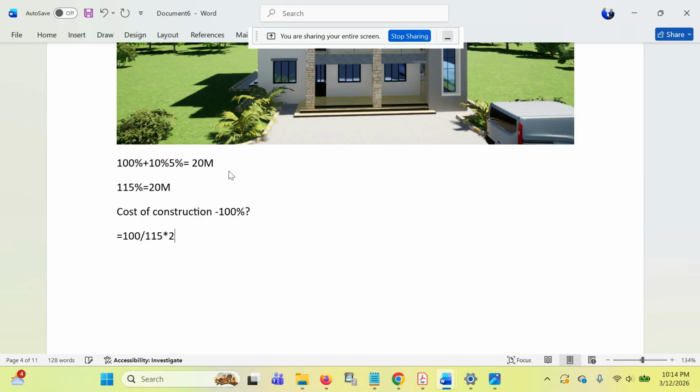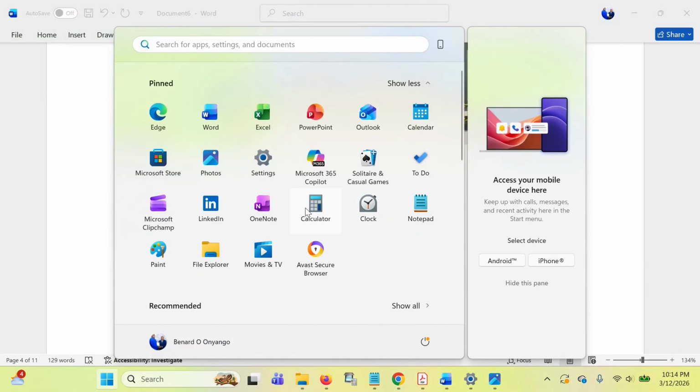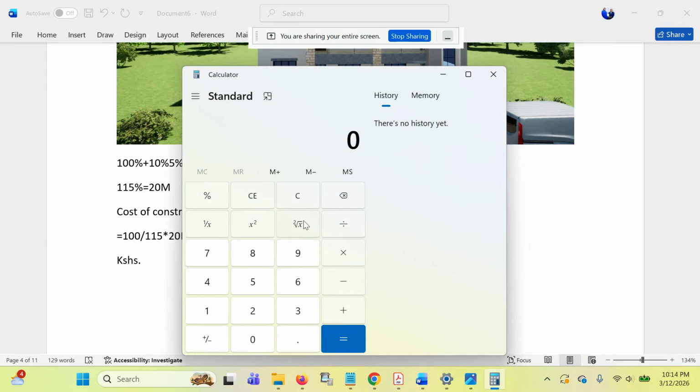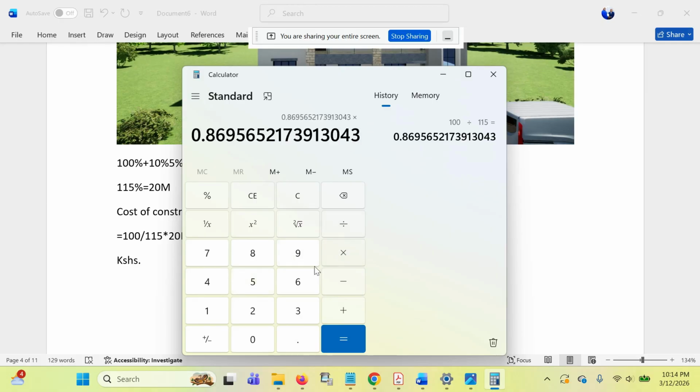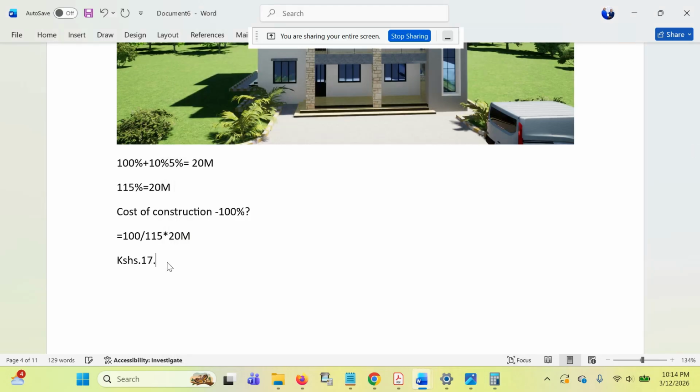So now our 100%, which is the cost of construction, would be what? So this is equal to 100 over 115 times 20 million. That would give you cost of construction, and that is what? Let's pull a calculator here.